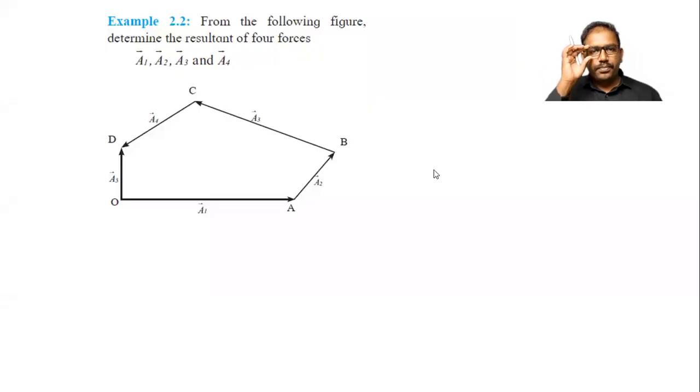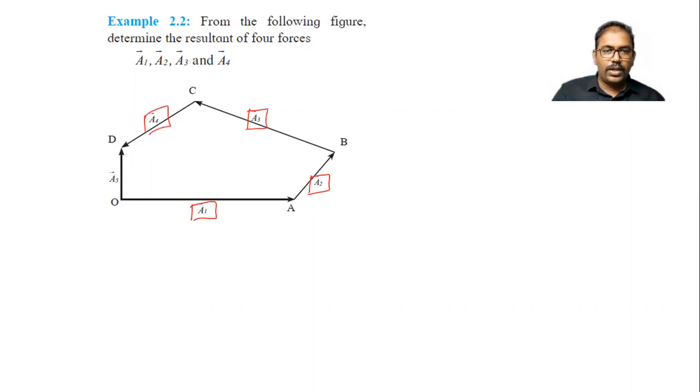Now let's see a problem based on this polygon method. This is a problem given in your textbook. From the following figure, determine the resultant of four forces A1, A2, A3 and A4. You have to determine the resultant of these four. You know that by the triangle method, this OB is A1 bar plus A2 bar.